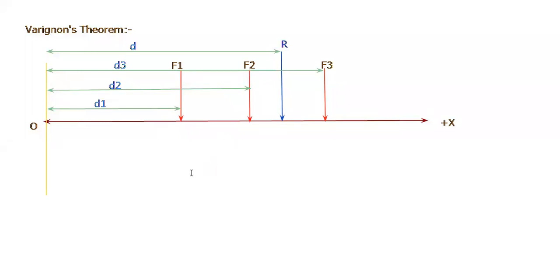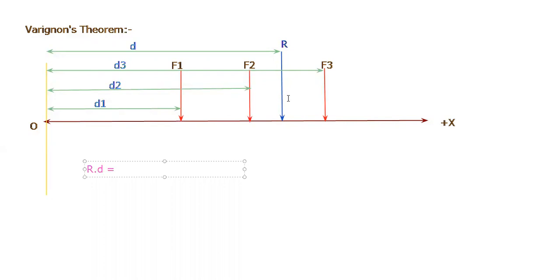Now, first of all, we will write the moment by the resultant. What is the definition of moment? Moment is the product of force and distance. So the force is capital R in case of the resultant, multiplied by its distance, which is small d.